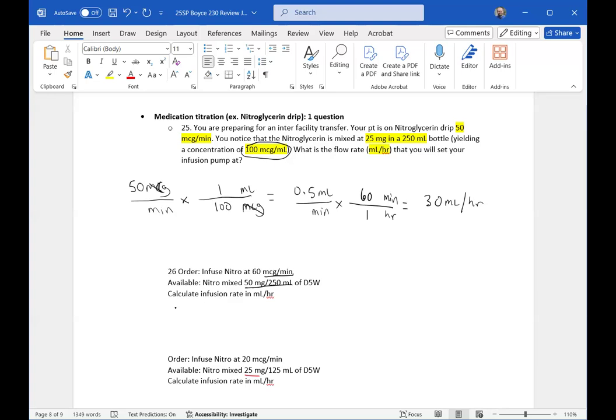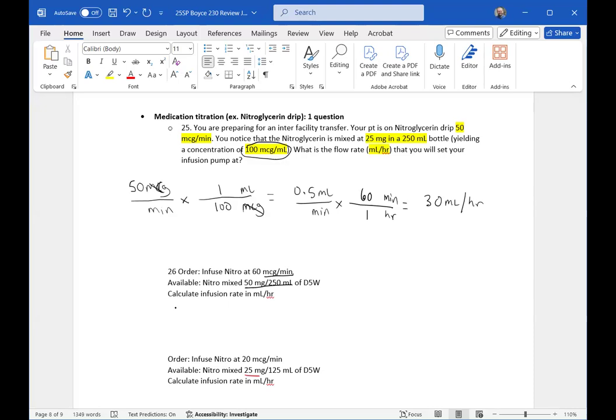The other thing is if I convert milligrams to micrograms right off the bat, so 50 times 1,000, I get 50,000 micrograms, and it's just a big number, and I don't want to have to deal with that big number. So I'm going to do the conversion of minutes to hours first, then deal with the conversion of micrograms to milligrams.